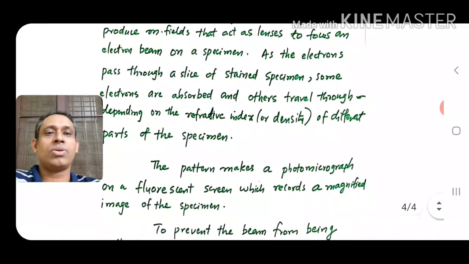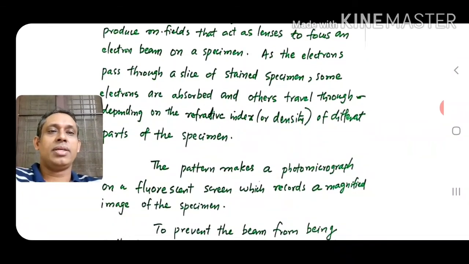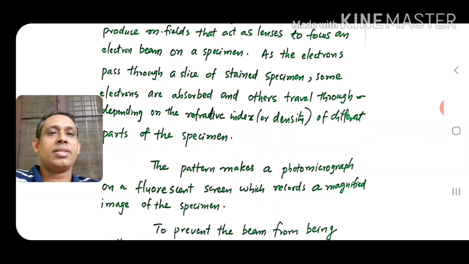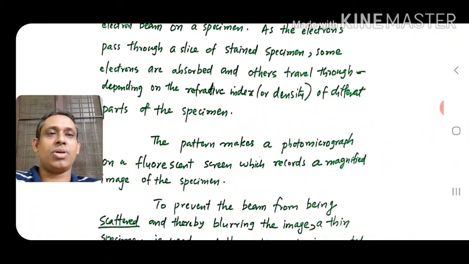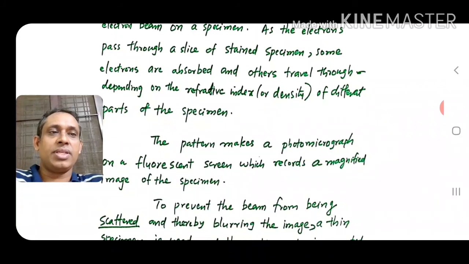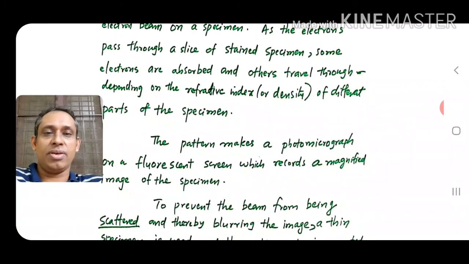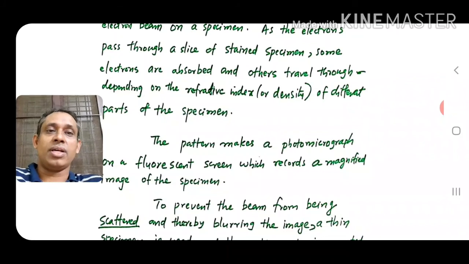Now as the electrons pass through the slice, actually we use a very thin slice of the specimen, some electrons are absorbed and others travel through, depending upon the refractive index or density of different parts of the specimen.